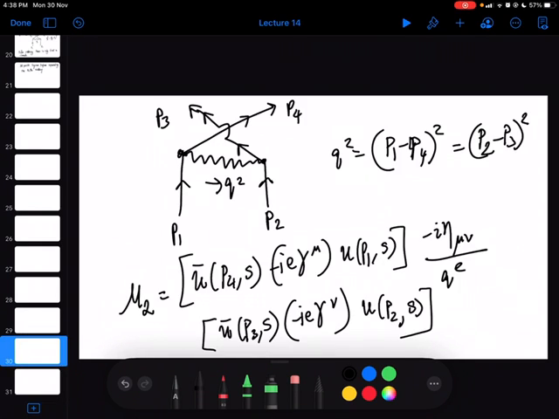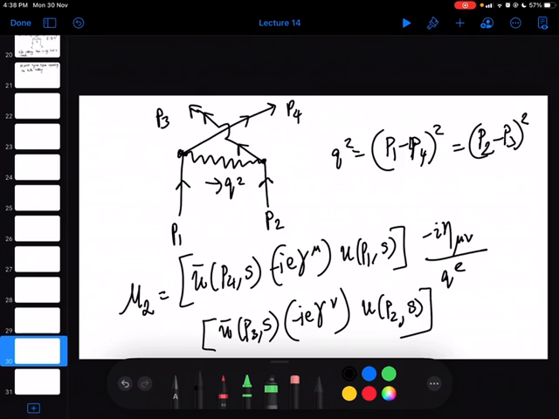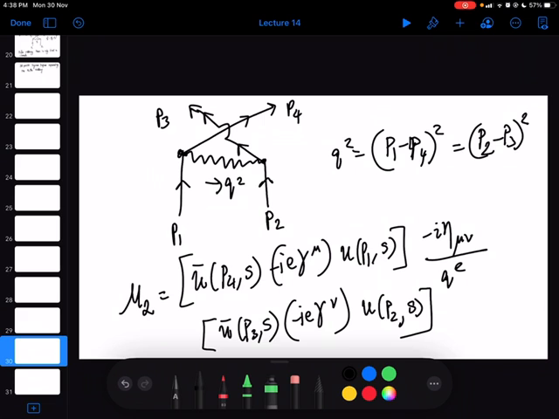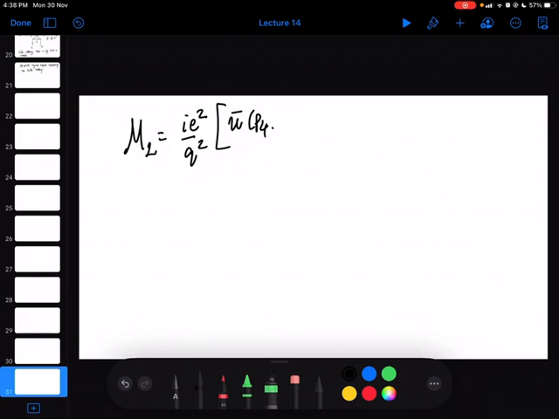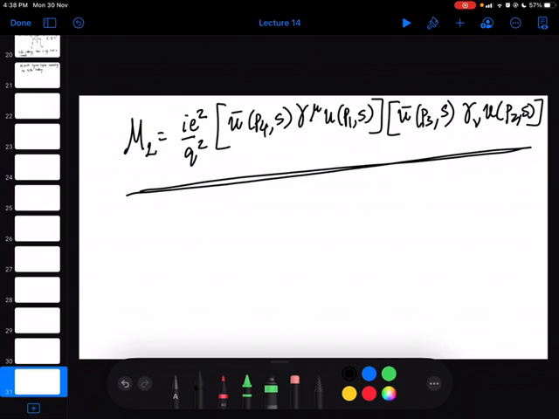This gives me again e square by q square, u bar P4 of s gamma mu u of P1 of s, u bar P3 of s gamma nu u of P2 of s.